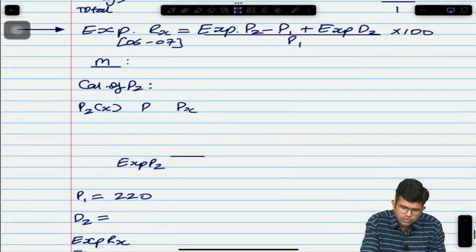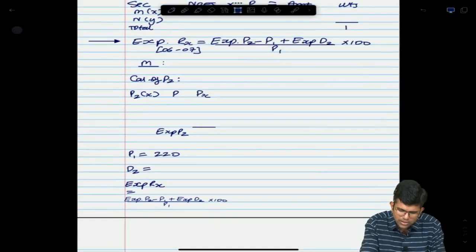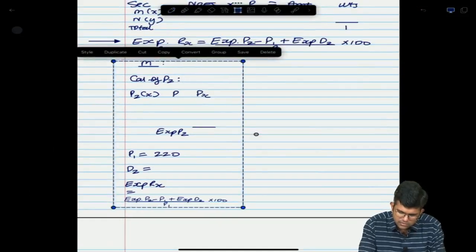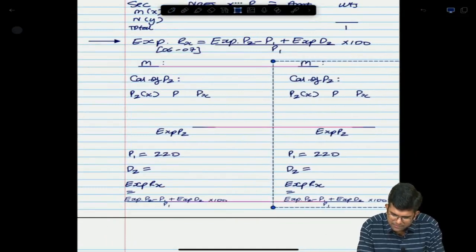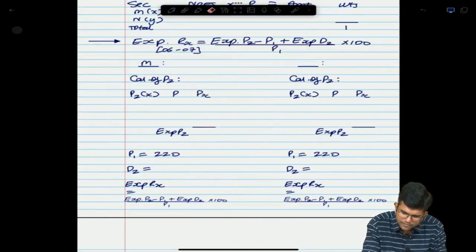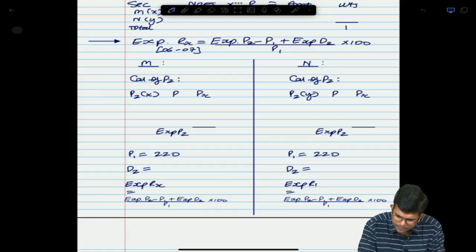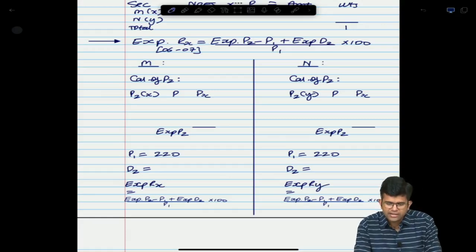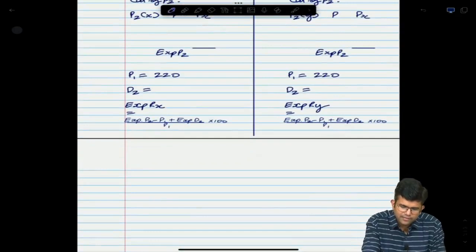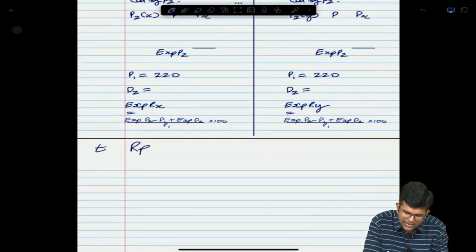Okay. And students, what next to do? Once you are done with this, then replicate the same for N, where instead of using the term x, I will use the term y. And once you get the Rx and the Ry, then I hope you realize you can get expected Rp as Wx Rx plus Wy Ry.